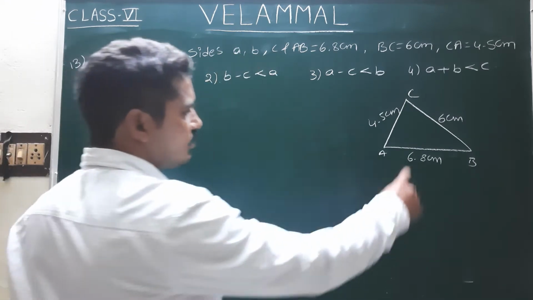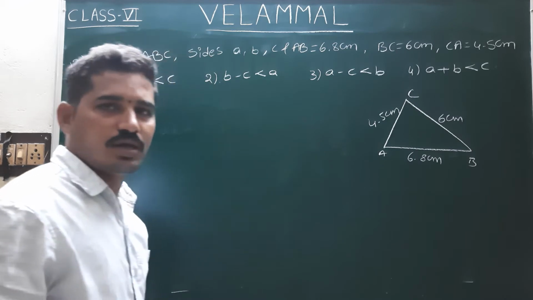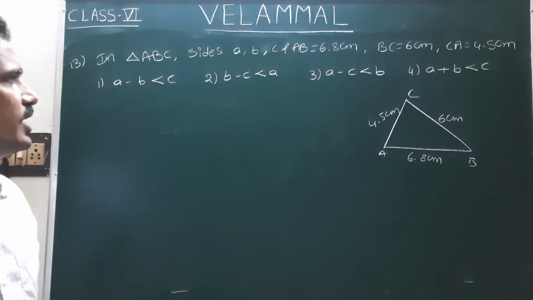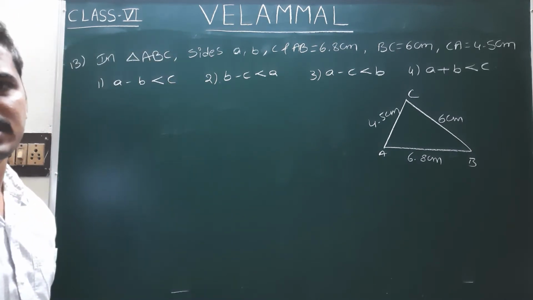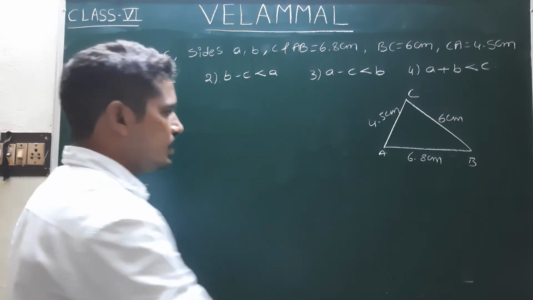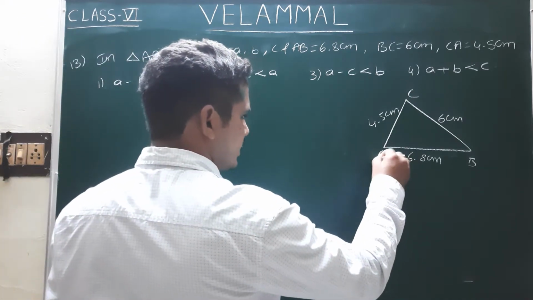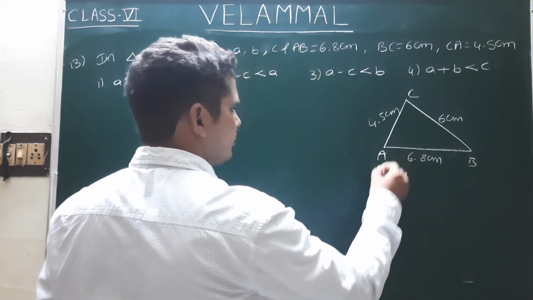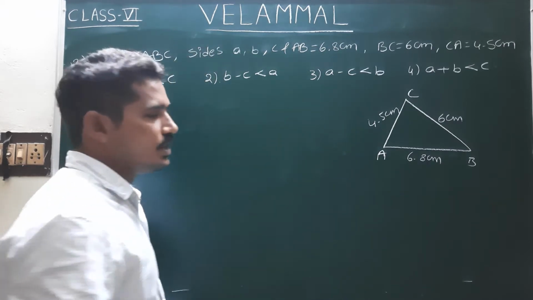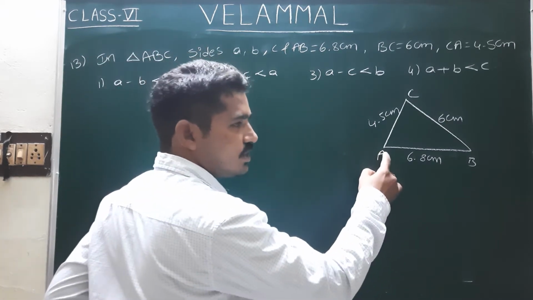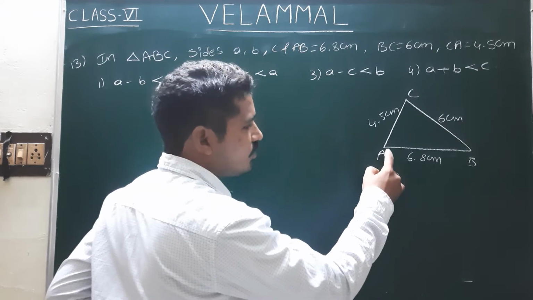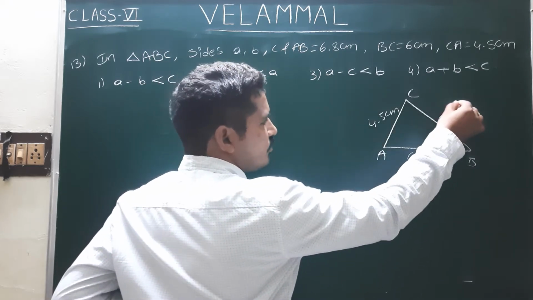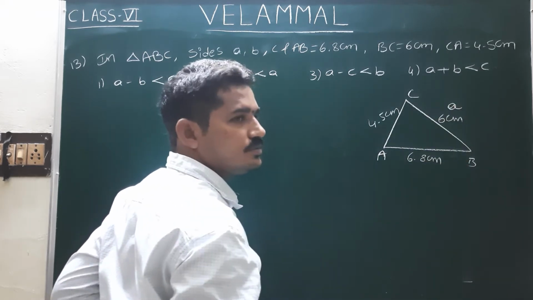So we need to consider the sides as a, b, c. Which side will be a, which side will be b and which side will be c? The side which is opposite to the vertex A, see here, vertex A is there, that opposite side we will consider as small a.